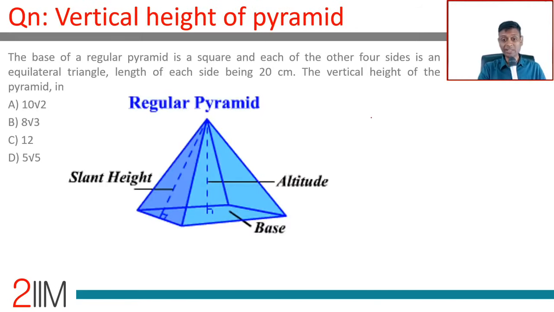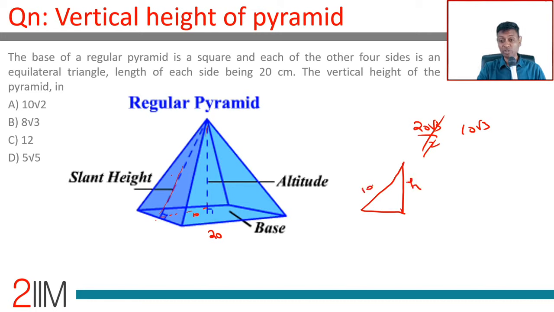Brilliant. So we need to find this. We can find this as a slant height. This is 20, so this is 20 root 3 by 2, or 10 root 3. We need this. The base is 10. So we're looking at a right angle triangle where the altitude h is what we need to find.